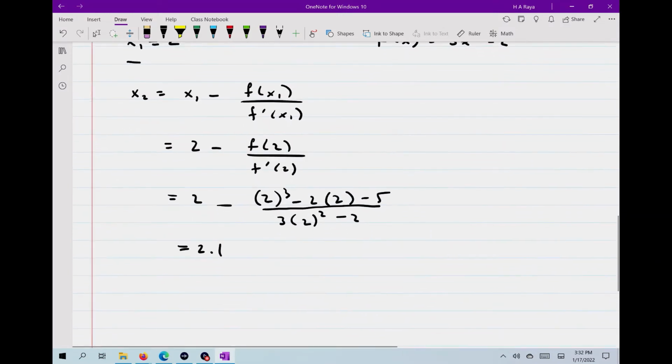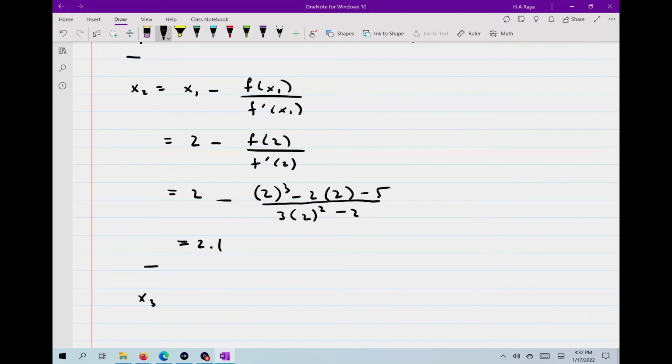Now we'll use this value to compute x3. x3 again would be our previous value minus the quotient f at x2 divided by f prime at x2.